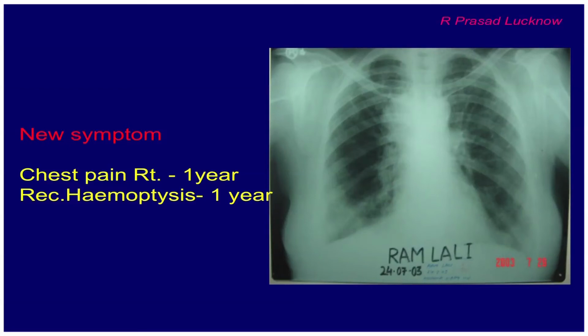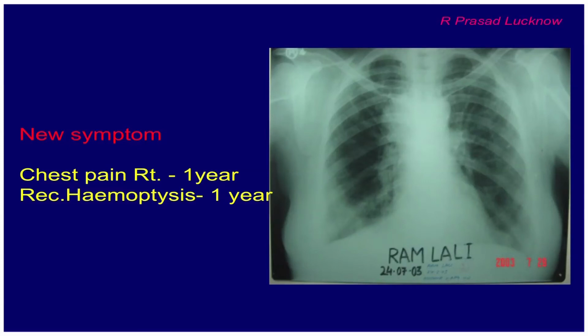And we say that if patients of COPD develop some new set of symptoms, you must investigate, because she is already a known case of COPD, but for the last 1 year she had developed hemoptysis and chest pain.